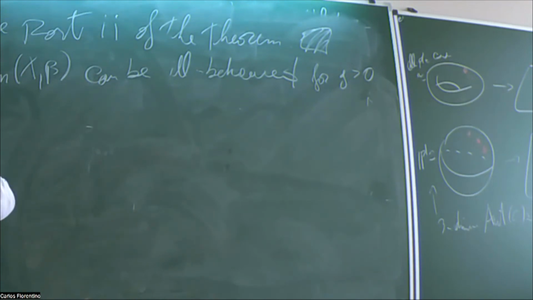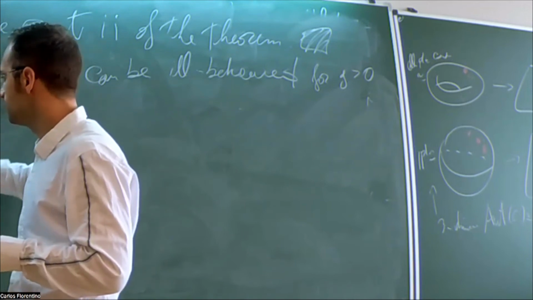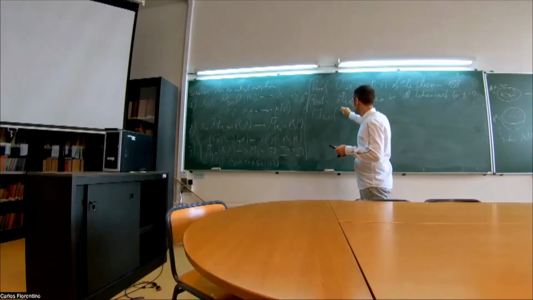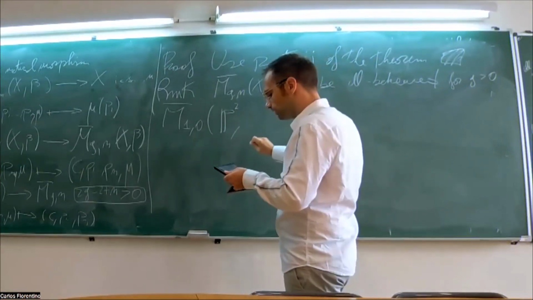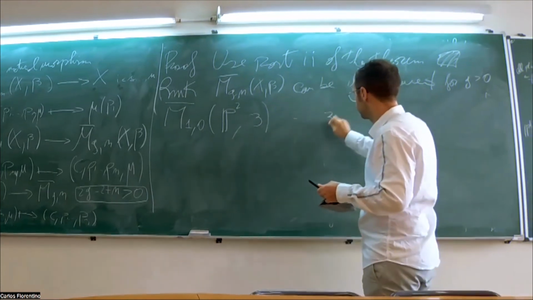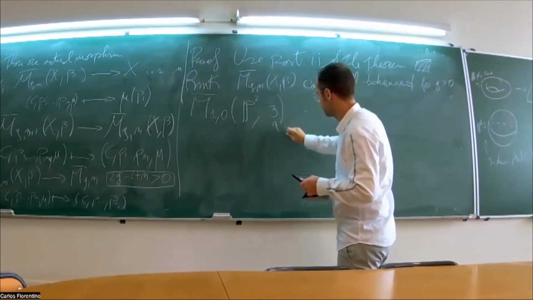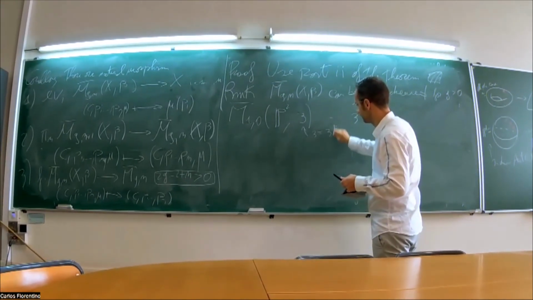The example is this one: M, genus 1, 0 marked points, to P2 of degree 3. So this 3 is 3 times a line.